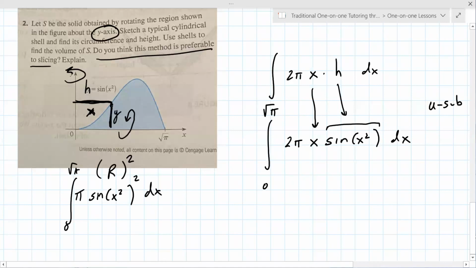Is that still using the shell method? No. The point here is that you can use the shell or the disk or washer method, and you should get the same answer. But sometimes you can only do one method because it's impossible to do the other. You just don't have enough ability to integrate it.